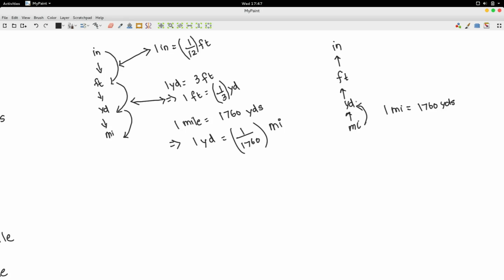If you want to convert yards to feet, we know that 1 yard is equal to 3 feet, therefore 10 yards would be equal to 30 feet. If you want to go from feet to inches, we know 1 foot is 12 inches, therefore 10 feet would be equal to 120 inches. As you can see, here it's a direct multiplication.